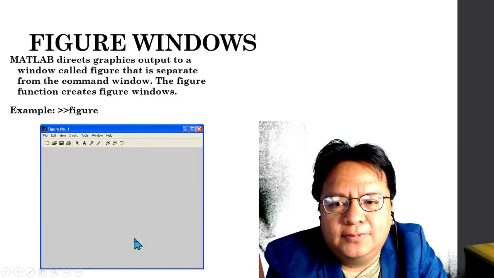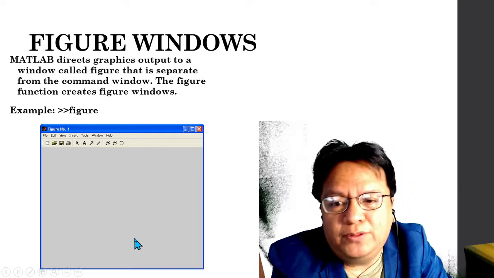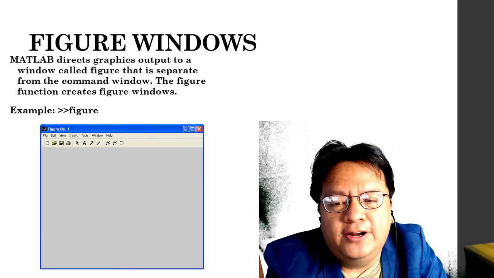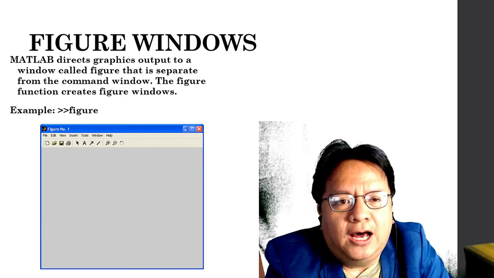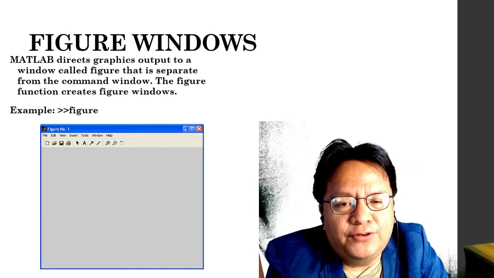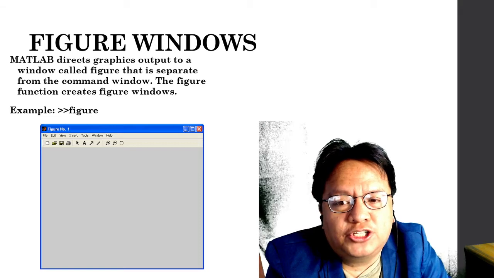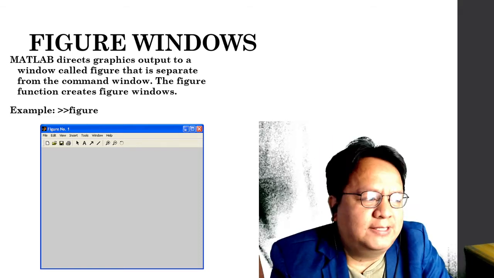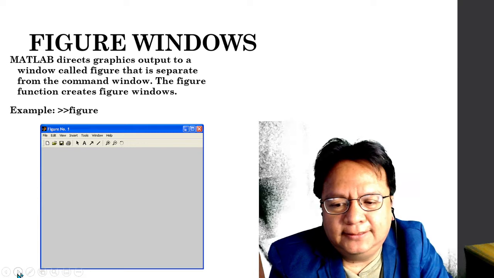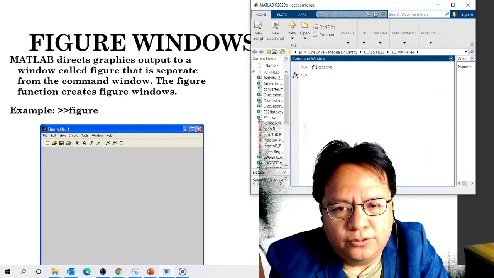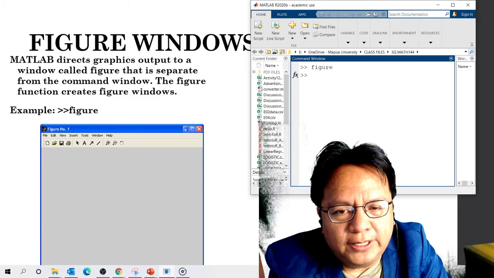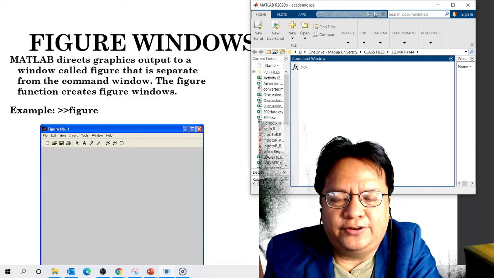results. So the first command that we will be discussing is figure. If you want to display or call the graphing window, you just type figure. So let's see how we're going to do that. Let's clear it first.